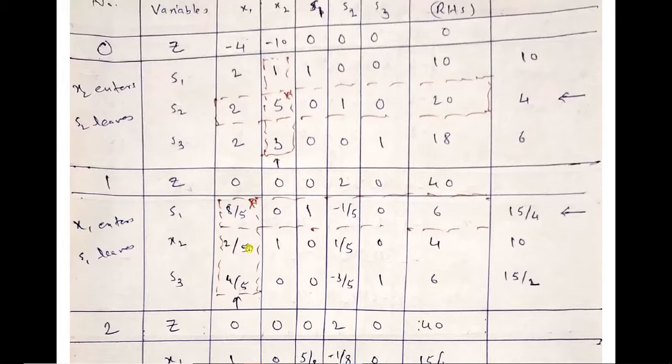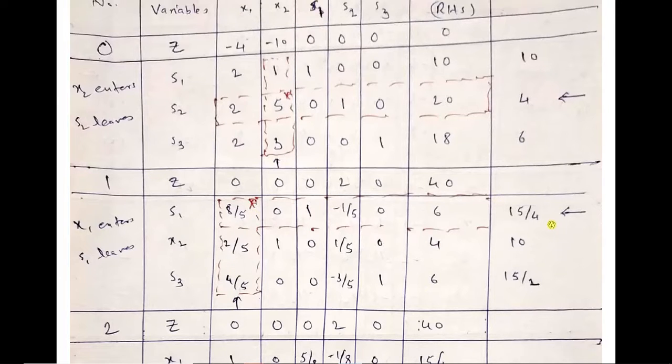So this is our actual solution. But in question we have to find out alternate optima also. So we will enter this x1 in the table. You can consider any column as a pivot column with lowest entry, but we will consider this as a pivot column. So corresponding variable x1 enters the table.